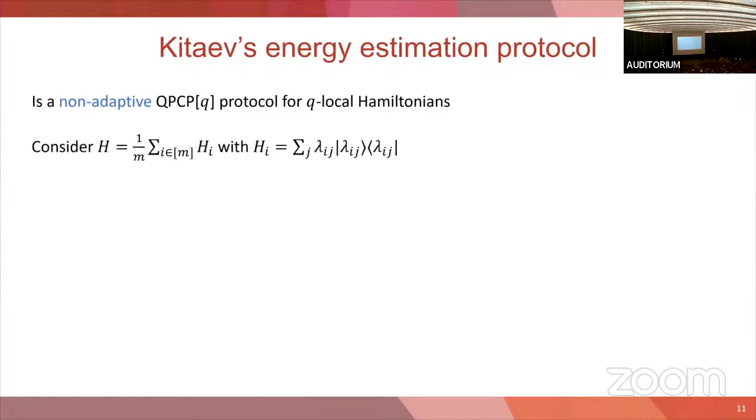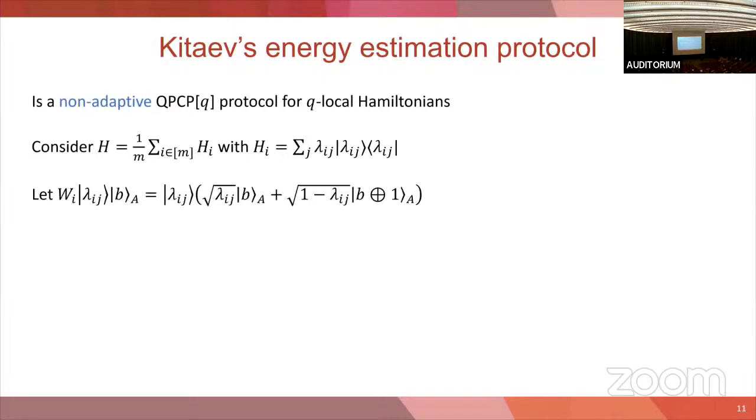So you consider a Hamiltonian of this B form with all these local terms Hi, and you consider the spectral decomposition of each of these terms, which is given here. And then you define this Wi operator, which acts on Q qubits from the proof plus an extra register containing only a single qubit, and it applies some kind of rotation which depends on the energy that you get from measuring this local term.